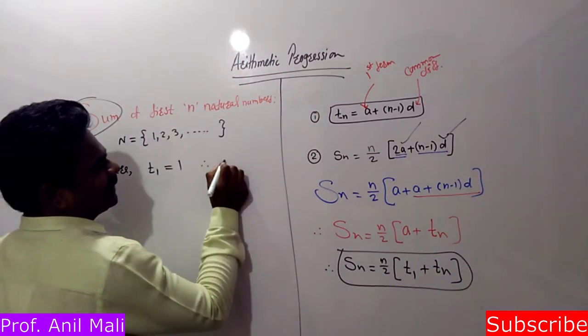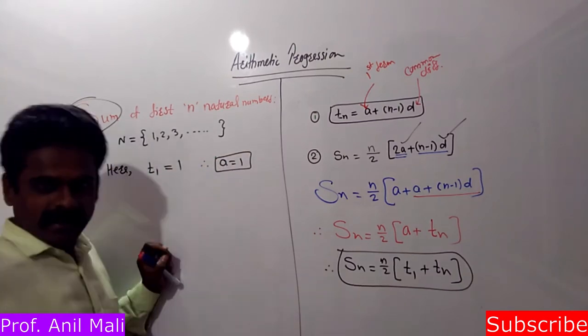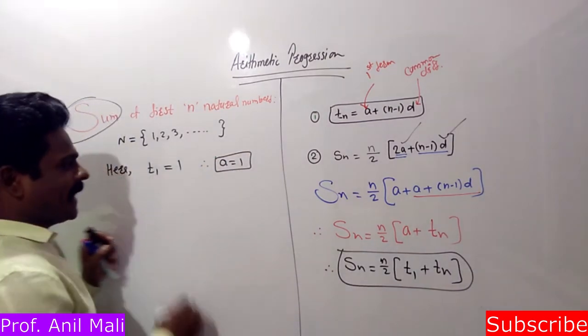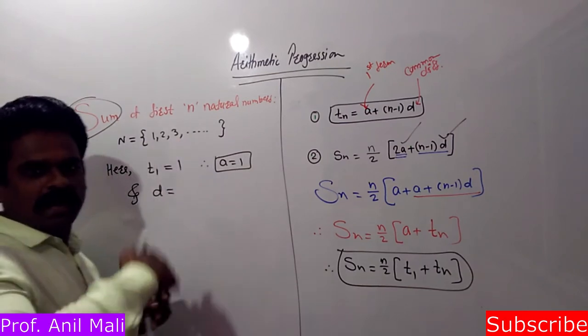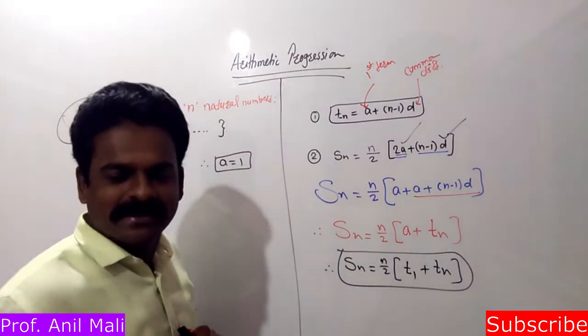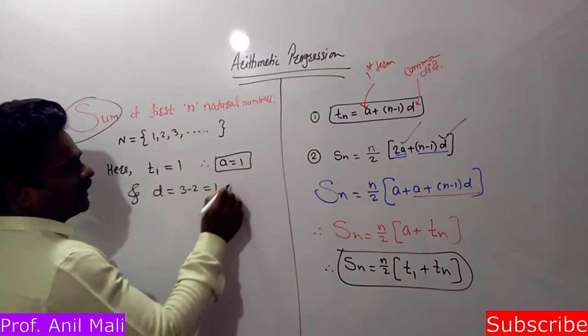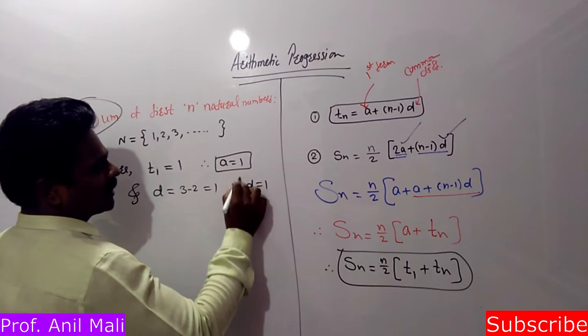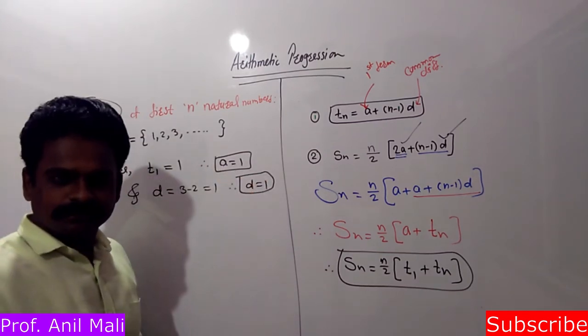Therefore we can write a is equal to 1, because a is the first term. And this is d. How much is the common difference? 1, 2, 3, 4, 5, 6, 7, 8, 9 and so on. So 3 minus 2 is equal to 1. Therefore we can write d is equal to again 1. So a is equal to 1 and d is equal to 1.